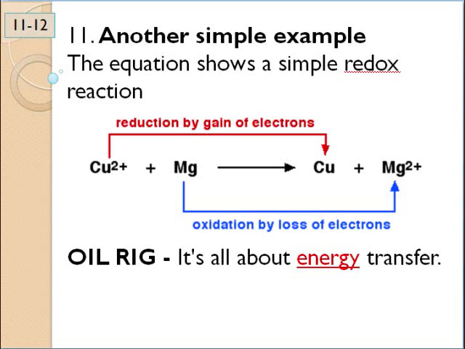But this word right here is not about the electron. It's about the charge. And remember, if you're nothing and I give you 2 negatives, what do you become? Negative 2. Or RIG. If I gave you electrons, is that oxidation or reduction? Reduction.